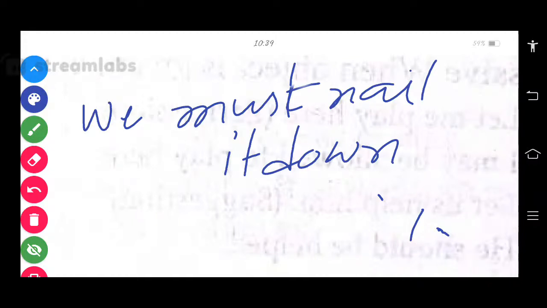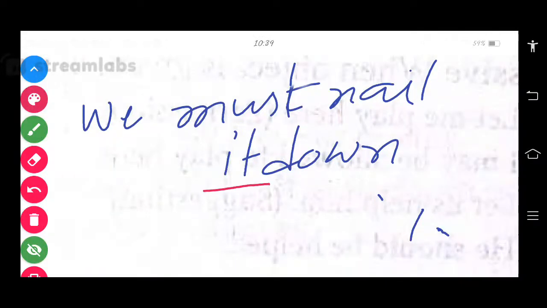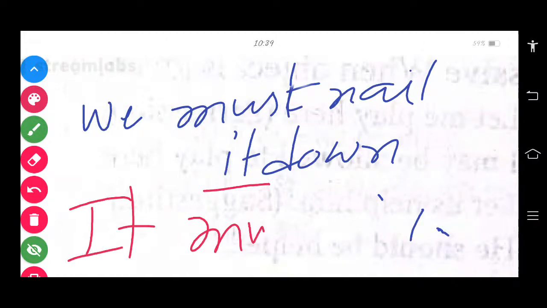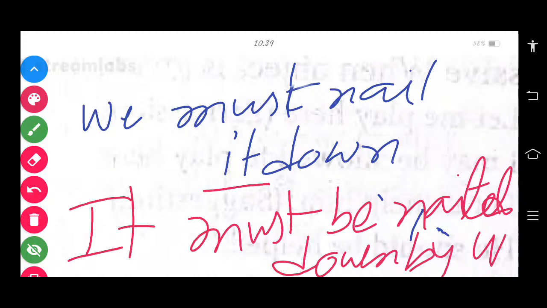So it is to be answered like this. I'll write it. So it is the object. So it must be, because must is an auxiliary, must be nailed. Nailed means decided. It must be nailed down by us.